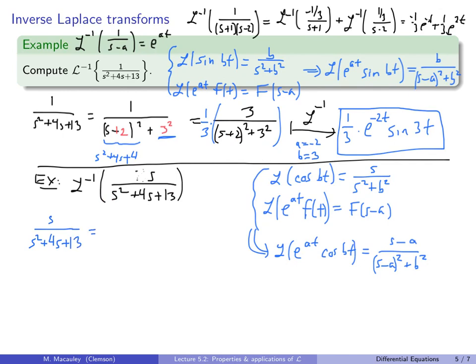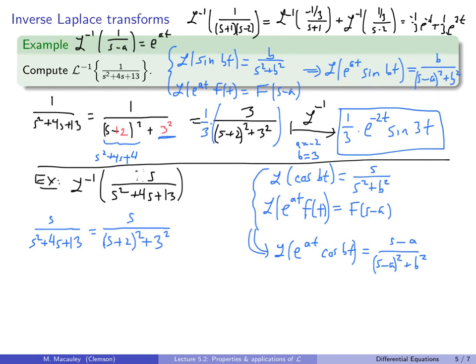And so now this is going to be s plus 2 squared plus 3 squared on the bottom. On top we have s. Now that's not what we want. It looks like what we want, but don't forget we need that a right there. So we would need a plus 2.